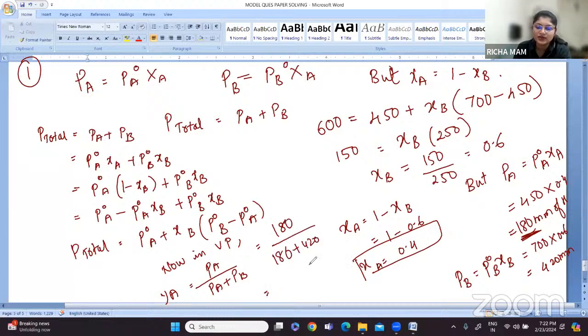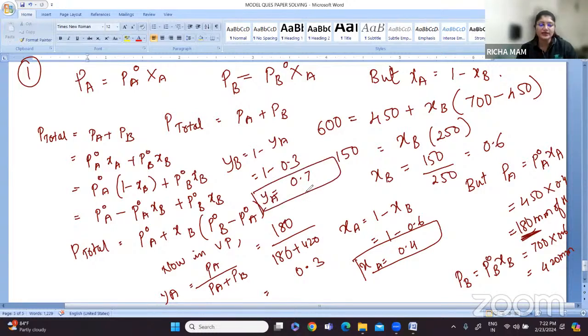After solving, you will get 0.3. Again in vapor, YB is equal to 1 minus YA, so 1 minus 0.3 will be 0.7. So the composition of vapor is clear.